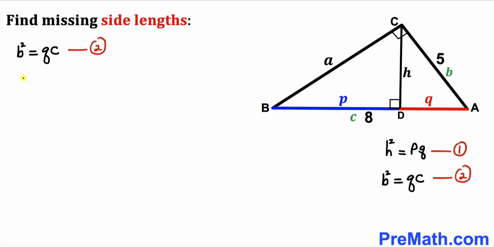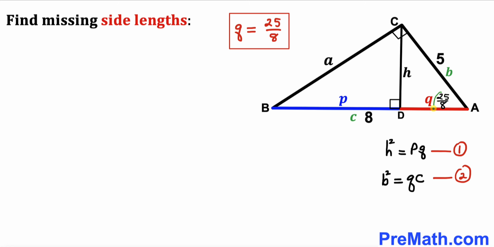So therefore after substitution, b value is 5 whole square equals q times 8. Let me divide both sides by 8 to isolate q. So therefore our q value turns out to be 25 divided by 8.